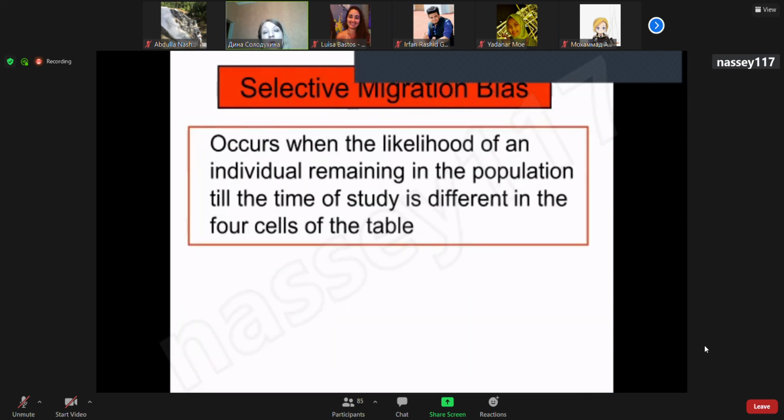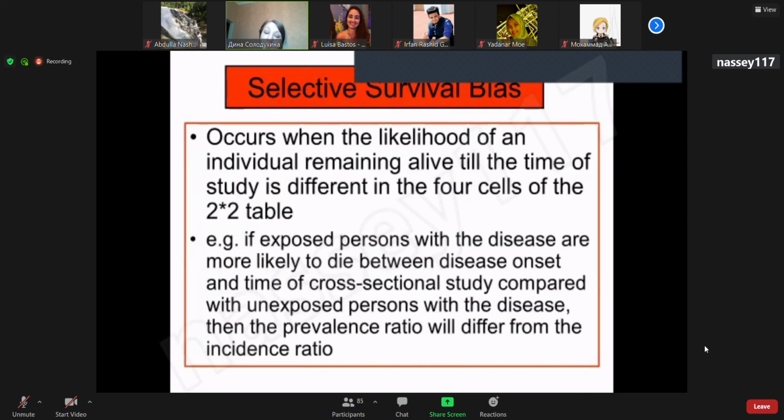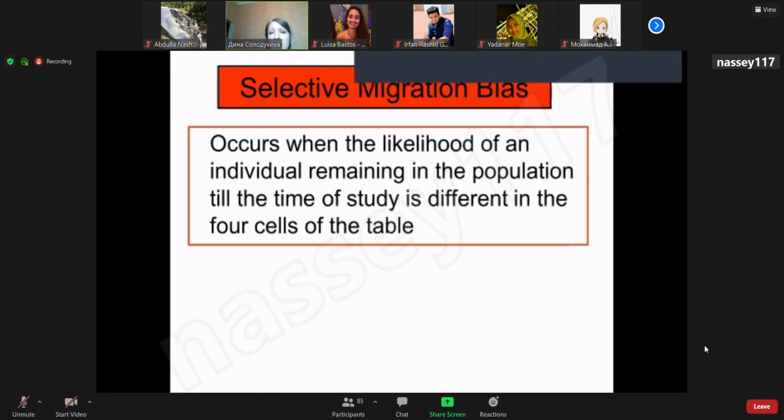So the next one is selective migration bias. It is similar to the previous one, but people do not die, they just move. For example, if we have a lot of people who move from your study and they are removed, and if they are different from those who are left, we have selective migration bias.